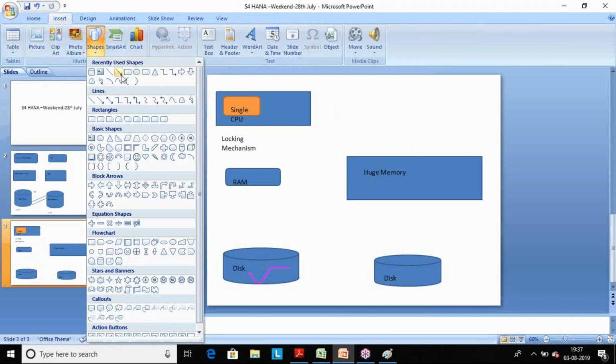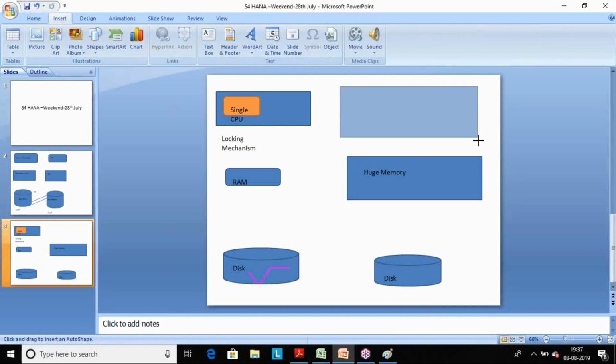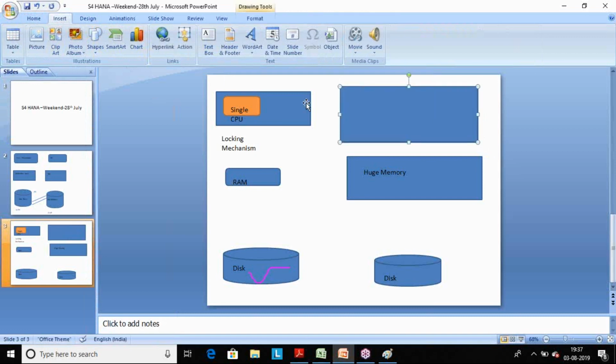Now coming to the processor. Previously, we were completely dependent on a single processor, and because of the locking mechanism, we developed this concept. Now we can use multi-core processing with multiple blades, also known as core processing.